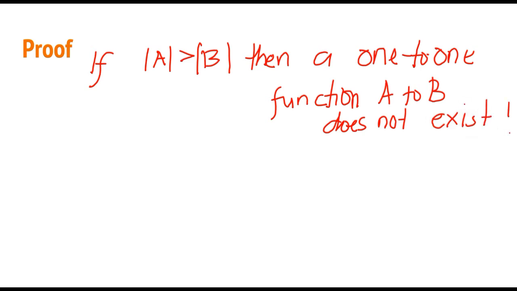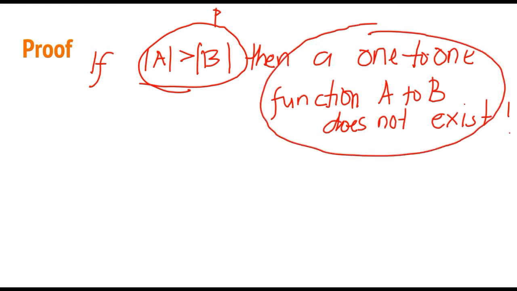Okay, so we have now this P proposition, then this is now our Q proposition. So we can prove this by contradiction.